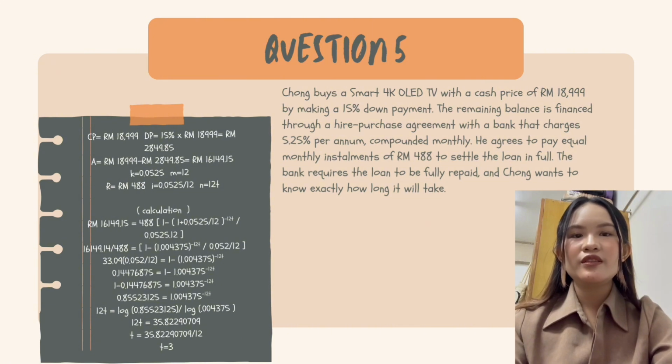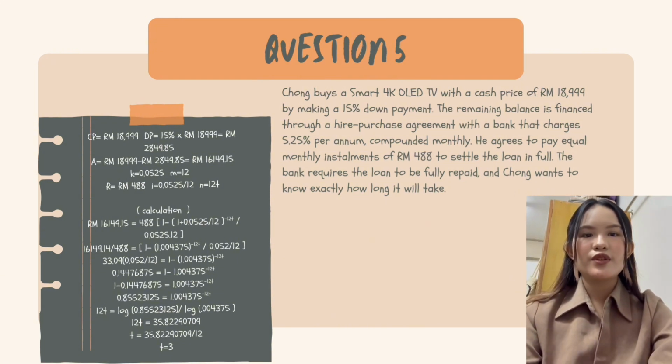So 33.09 times (0.0525 over 12) equals 1 minus 1.004375 to the power of negative 12t. So it's going to be 0.1447685 equals 1 minus 1.004375 to the power of negative 12t.